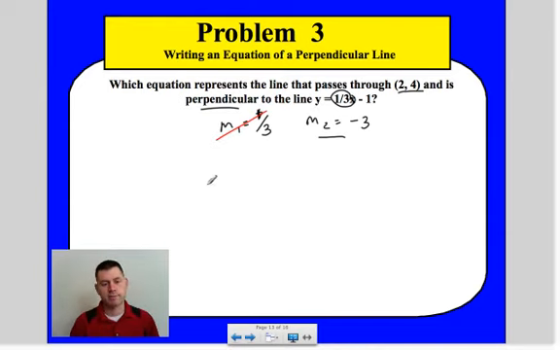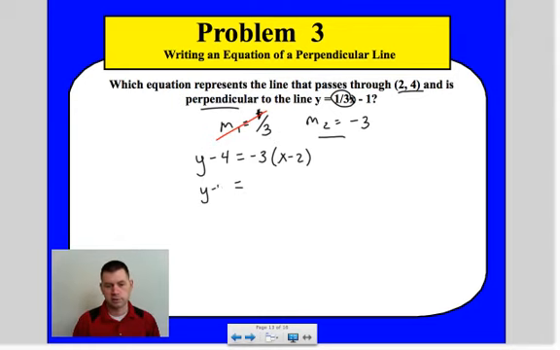Okay, so we're going to pull that point down, and again, point-slope form, because we have a point and we have the slope. So we have y minus 4 equals negative 3 times x minus 2. I would like for you to write this in slope-intercept, but actually it says just write an equation, so this would be good enough. We're going to go ahead and simplify this down though.